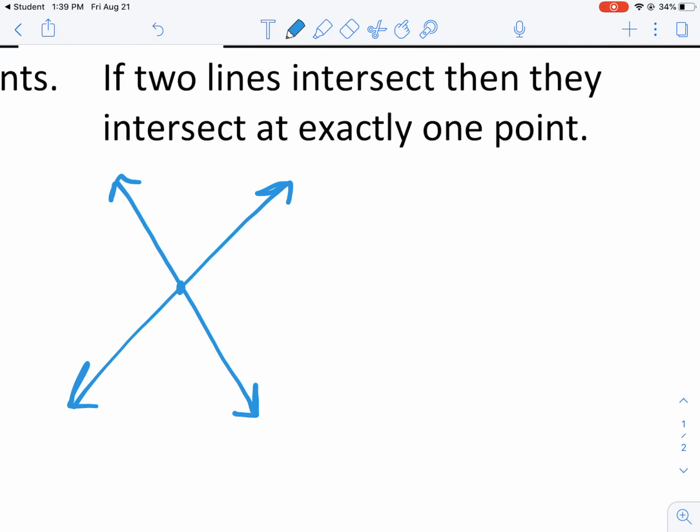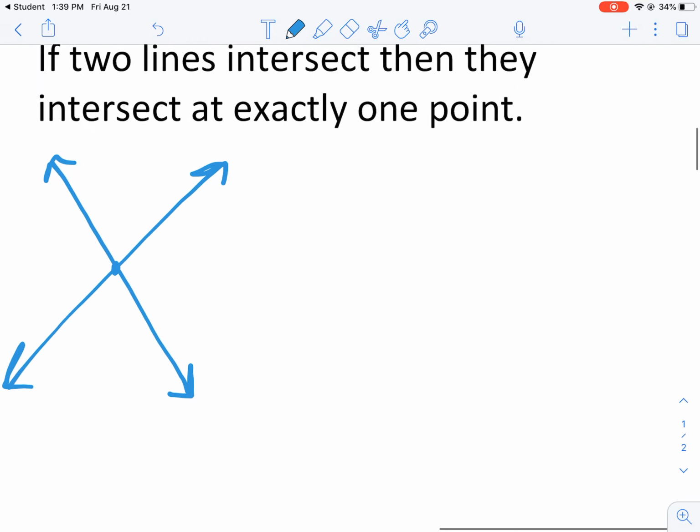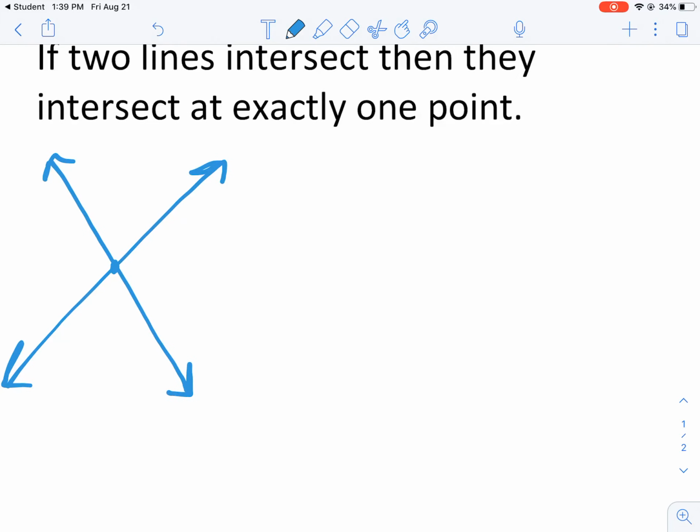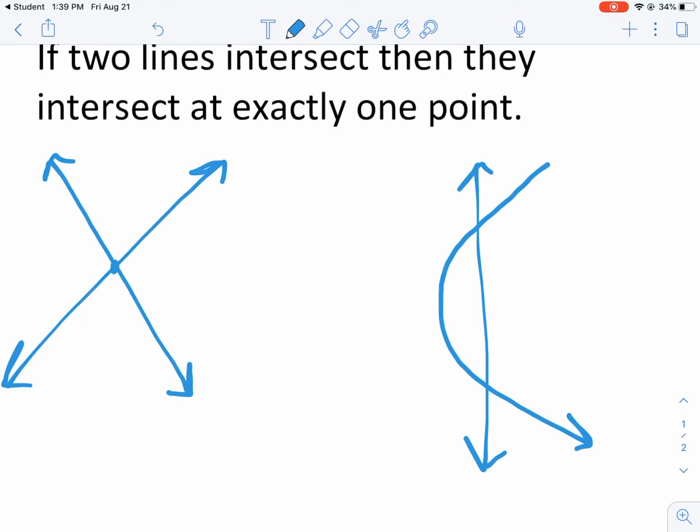Now, how do we know it's only 1? Again, lines are straight, right? So in order for lines to intersect at more than 1 point, let's say we have our line here. If we have another line, if we want it to intersect at more than 1 point, it has to do what, right? It has to curve. So this curve intersects that line at more than 1 point, but again, this doesn't count.